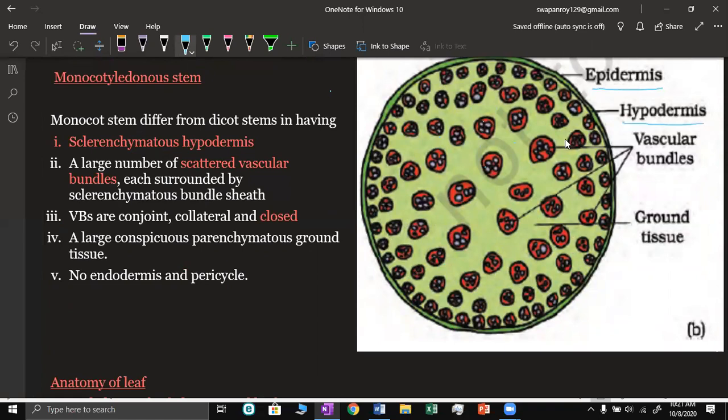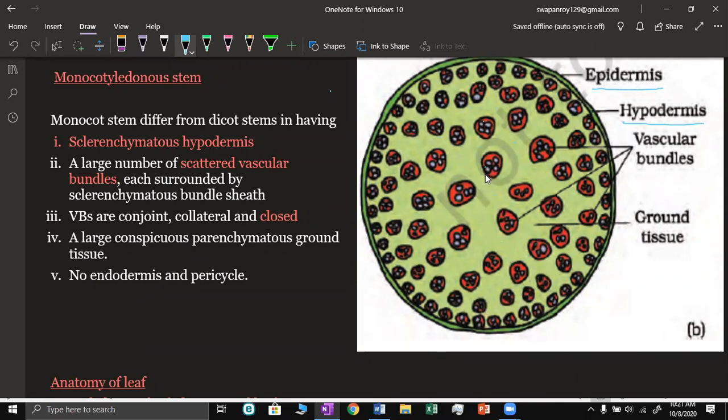After that, the ground tissue is continuous from there till the center, and within that the vascular bundles are embedded.